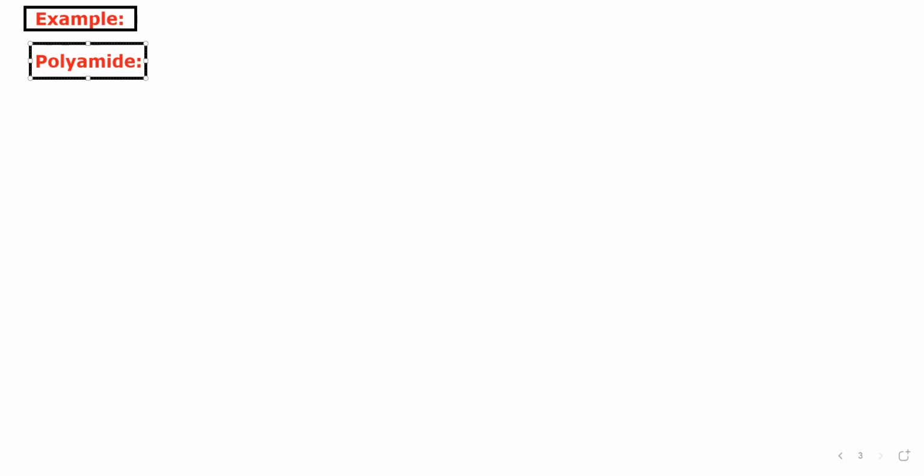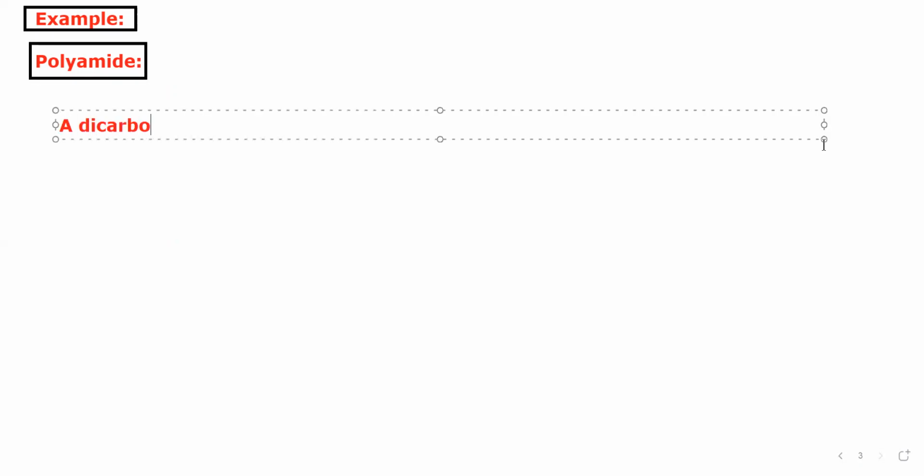So let me draw it here. A dicarboxylic acid means it will definitely have two carboxylic acids in it. And then I'll have a diamine.